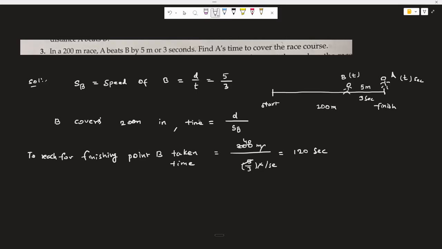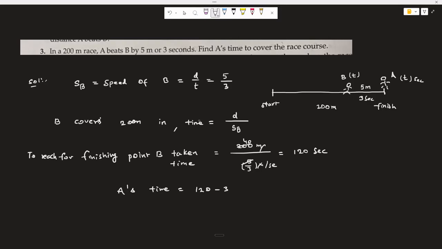120 seconds. But before that, Mr. A reached the finishing point. Before 3 seconds, right? Before 3 seconds, A reached the point. A's time is equal to 120 minus 3. 3 seconds before B is reaching the finishing point, A had already reached.